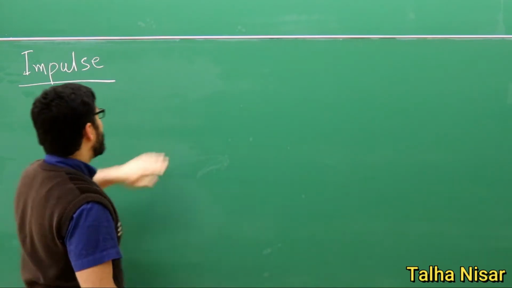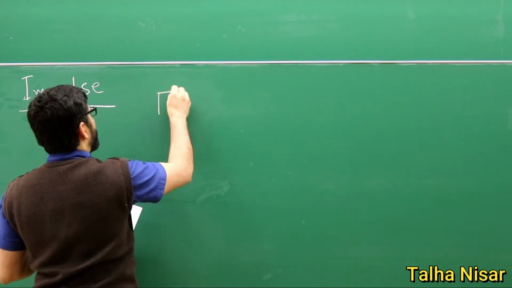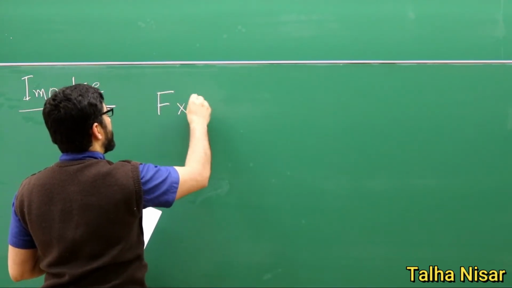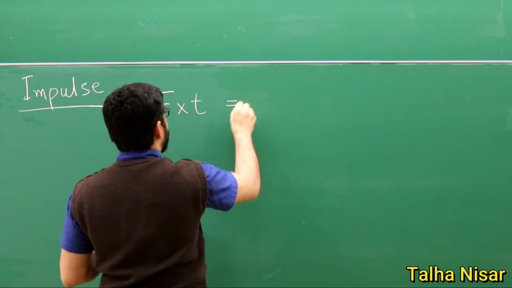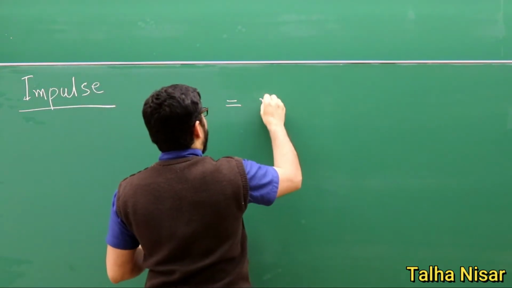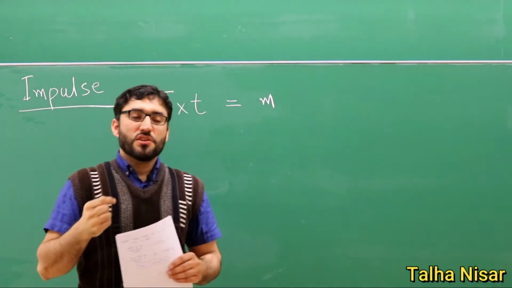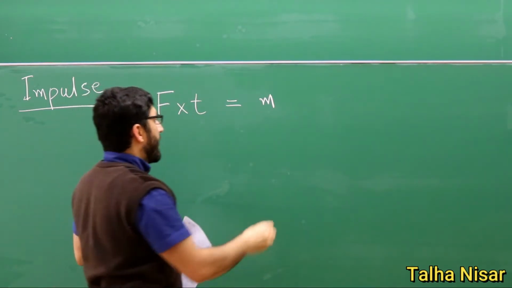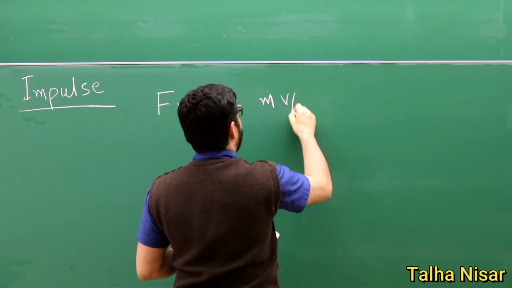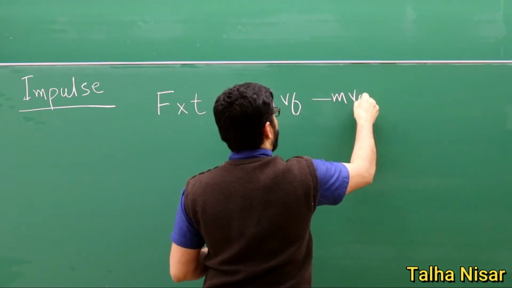So the impulse we can write as the force multiplied by the time that the force is applied, and this time in the impulse is extremely short. We have the relation that we calculated using the relation between the momentum and Newton's second law of motion, and we got the final momentum minus initial momentum.